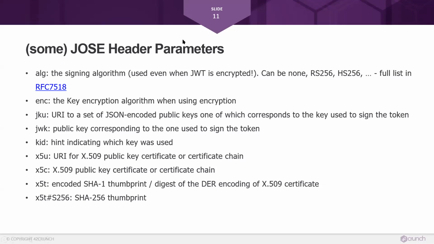So in this JWT header, you will find an ALG entry, which specifies which algorithm was used to sign.